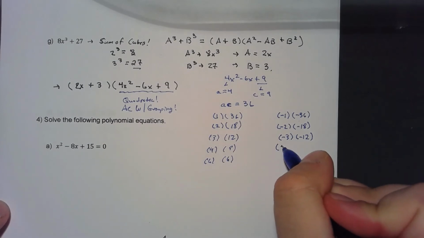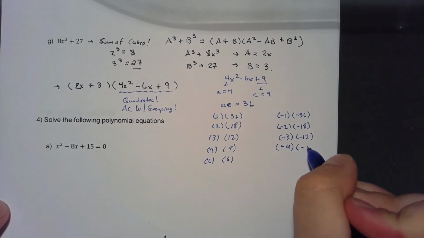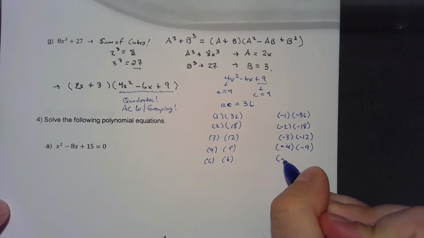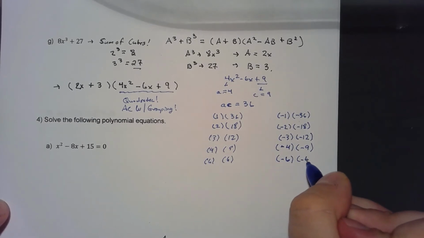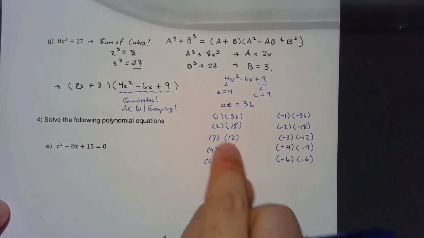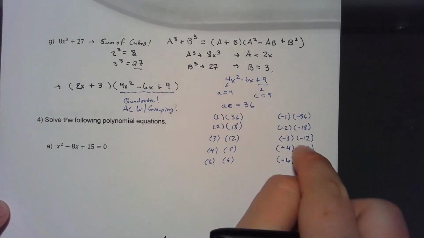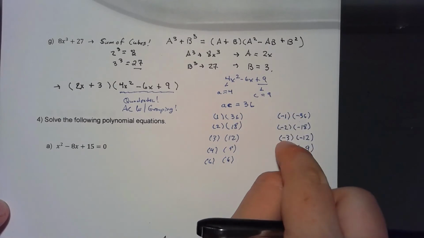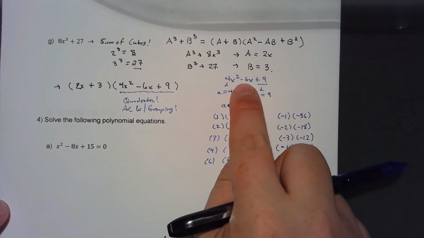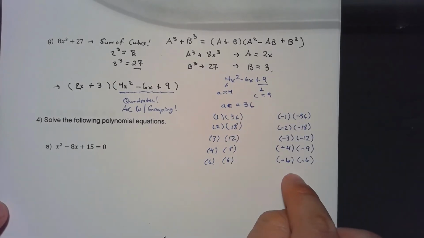That's why I'm considering it. Okay. So I really don't care about the positive ones because my middle term is negative 6x. Which one of these are going to add together to give me negative 6? Any of them?